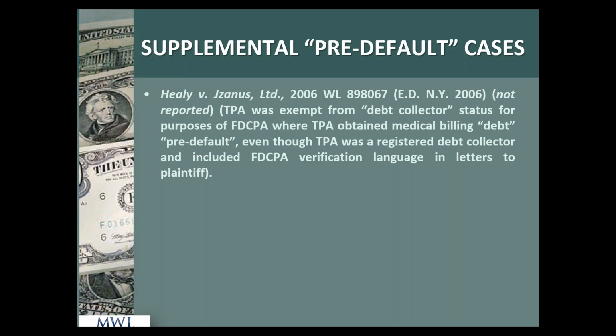So if you look at Healy versus, and I'm going to butcher this name, Janus, the TPA was exempt from the debt collector status for purposes of the FDCPA, where the TPA obtained medical billing debt pre-default, even though the TPA was a registered debt collector and included FDCPA verification language in letters to plaintiff.